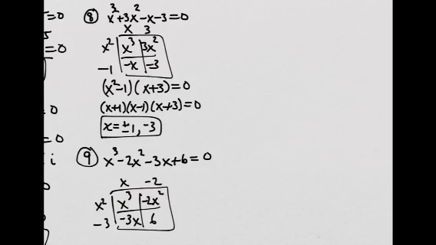So then you check, negative 3 times negative 2 is 6. Yes. So then your factors are x minus 2 and x squared minus 3. So the roots or the zeros are 2 and plus or minus square root of 3. So they're all real numbers. No imaginaries on this one.